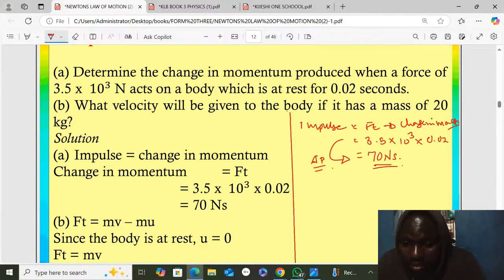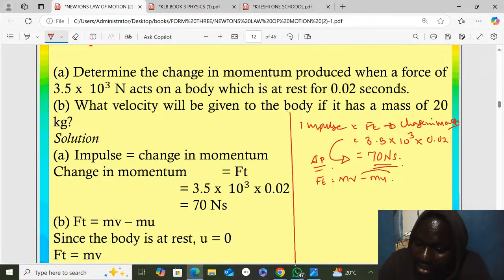What velocity will be given to the body if it has a mass of 20 kg? You know that Ft is equal to mv minus mu, and in this case the initial momentum was 0.